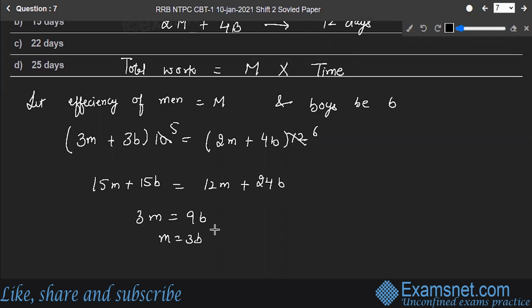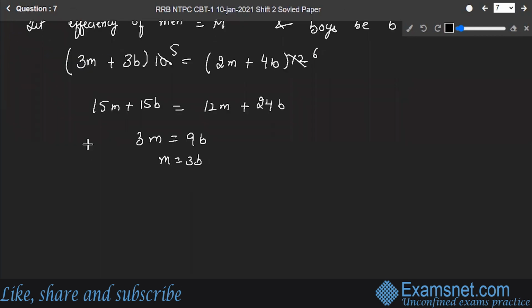So that means one man is as efficient as 3 boys. This is what it means. Okay. So now total work, let's say total work is given by 30 into 3 plus 30 into 1.